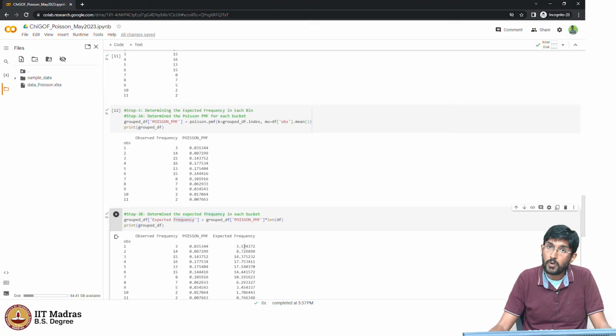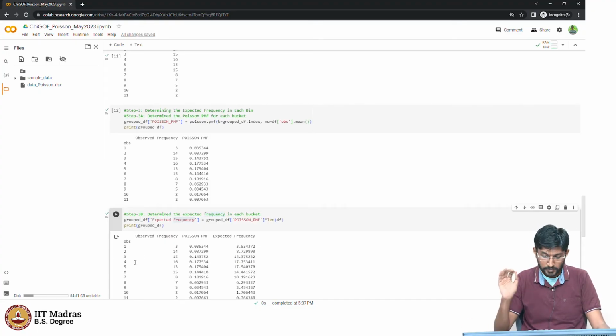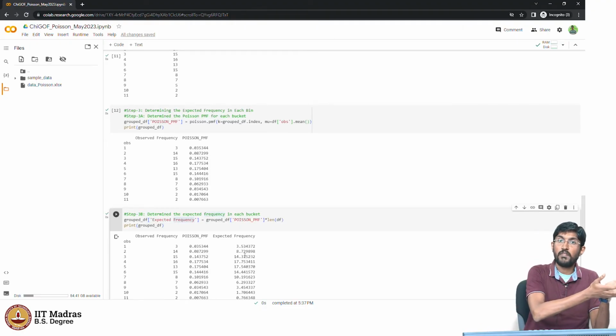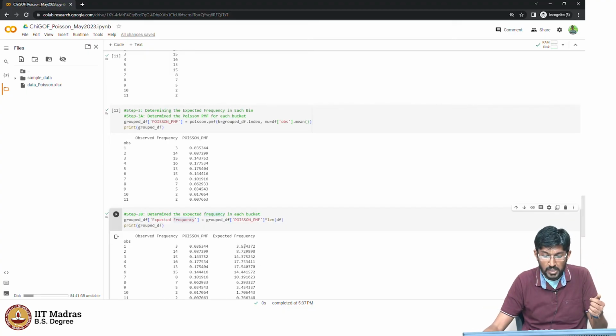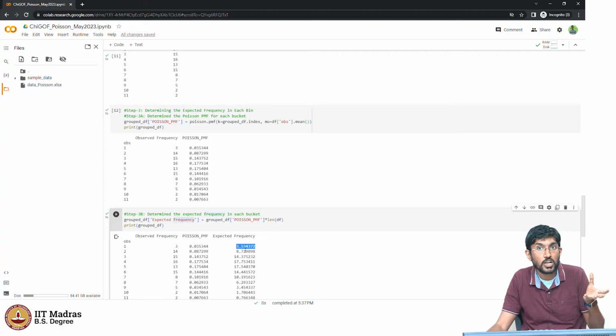So 3.5 observations are going to fall under 1, 8.7 observations under 2, 14.3 observations under 3, and so on. A question may arise: if this is an actual business context, how can this be in decimals, 3.5, 8.7, 4.3? If I am going to observe the number of samples which have a defect of 1, how can it be 3.5? That could be a logical question.